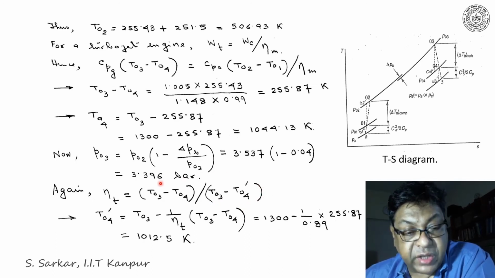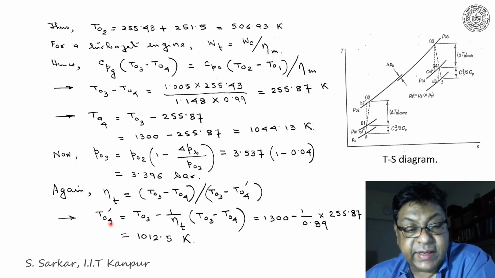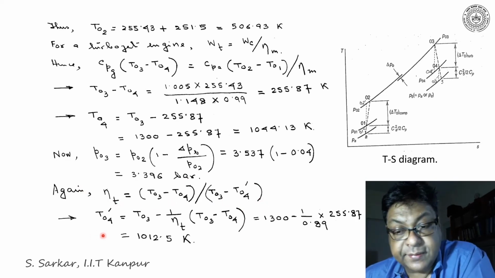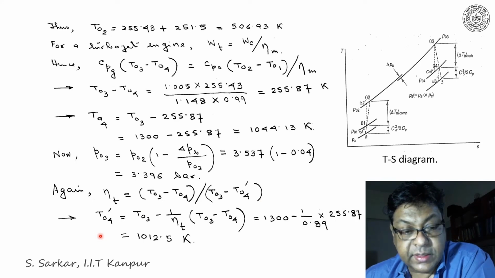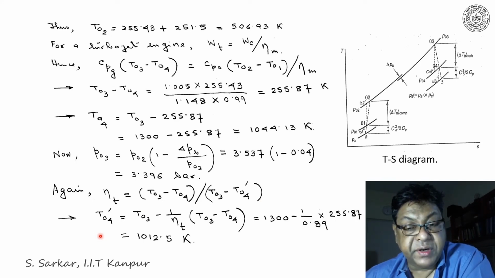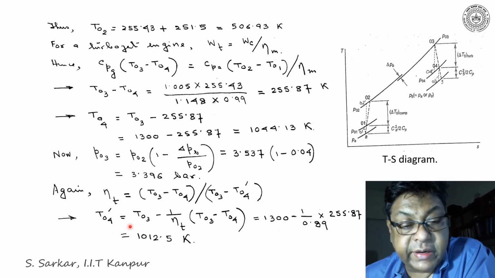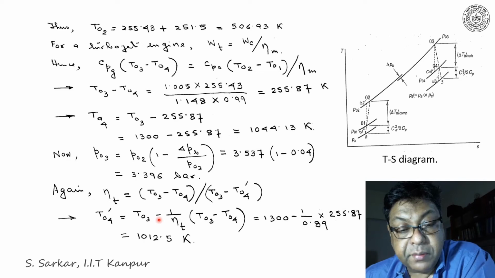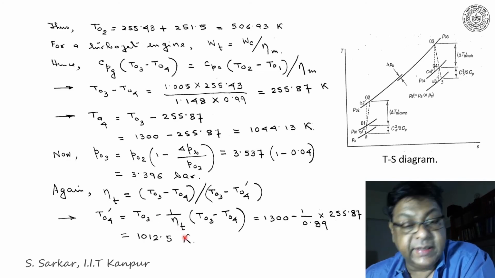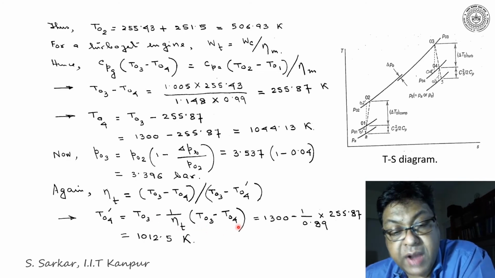So thus, from the relation of eta T, I can evaluate T04 dash, that is the isentropic temperature at the exit of the turbine, equal to T03 minus 1 by eta T into T03 minus T04.